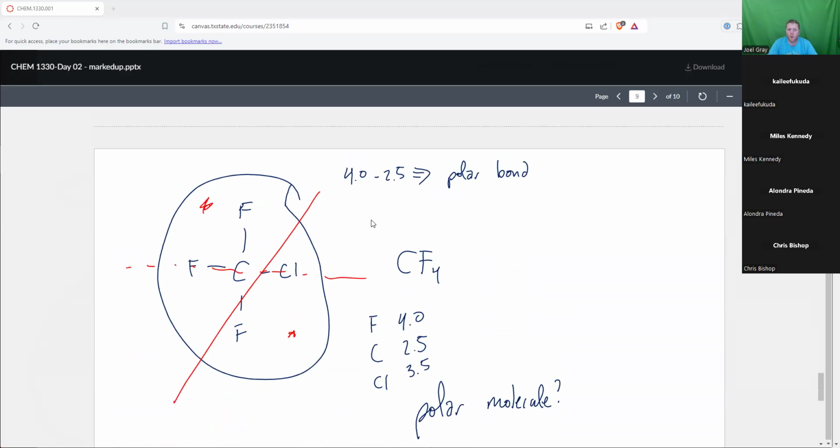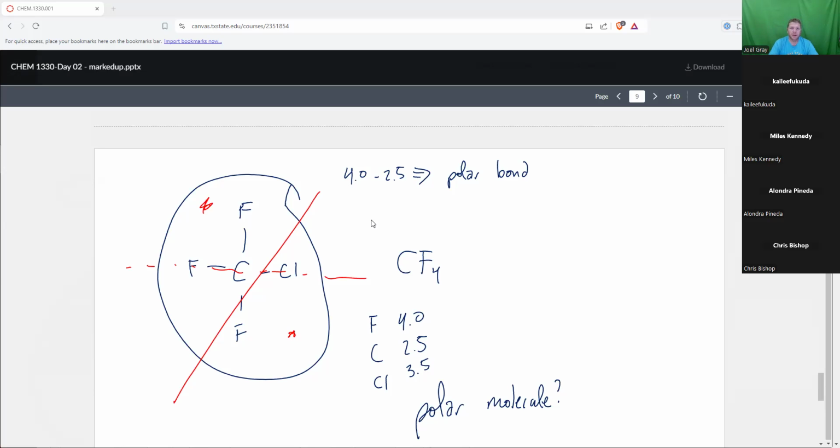Here what we did was we worked on CF4, carbon to fluorine, CF4, that would be carbon tetrafluoride. That's one central carbon with 4 things around it. That would be a molecule that is sp3 hybridized. Now, is this a polar molecule? Well, you have to think about what's surrounding that central atom.